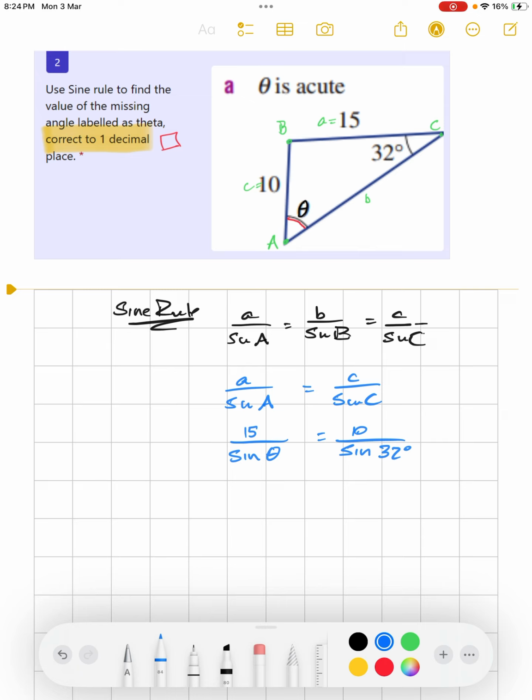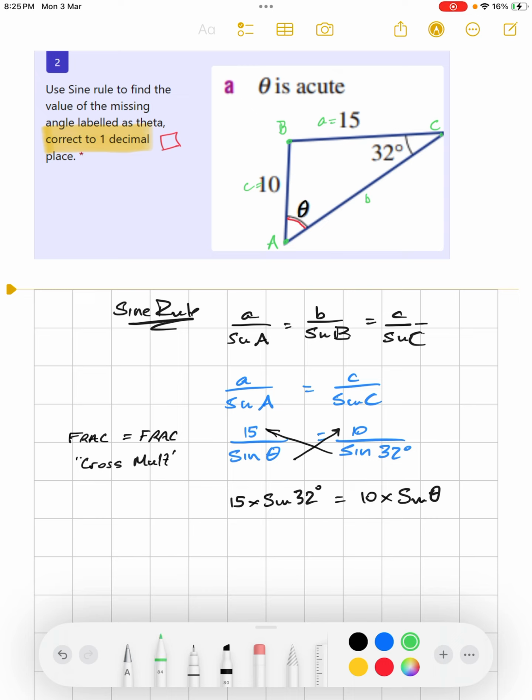And we can now cross multiply because it's over an equal sign. So that's going to become 15 times sine of 32 degrees equals 10 times sine of theta. Whenever we've got a fraction equal to a fraction, we can simply cross multiply and the denominators will go up to the other side.